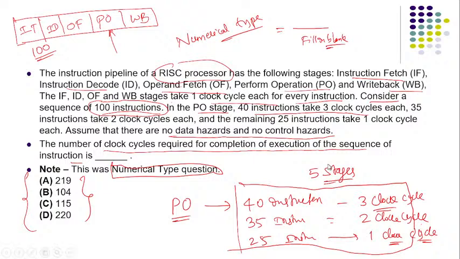Actually normally it takes one clock cycle, but in the perform operation there are 40 instructions that take 3 clock cycles. So you have to calculate the number of cycles required for completion of execution of the sequence of instructions.